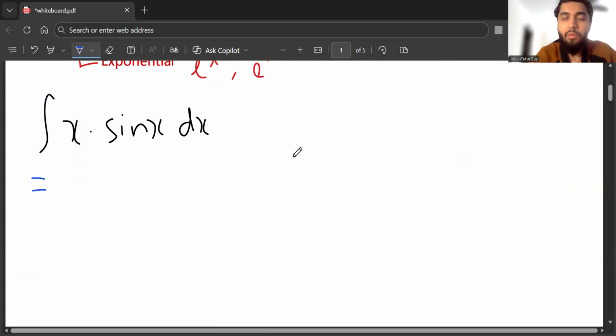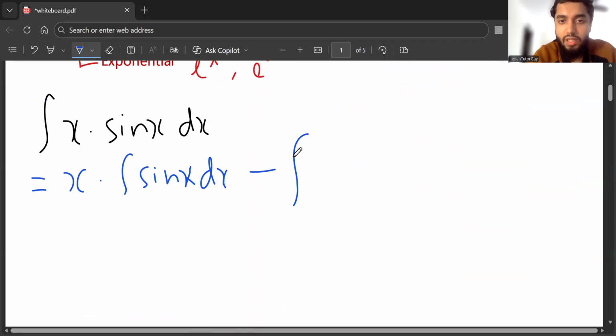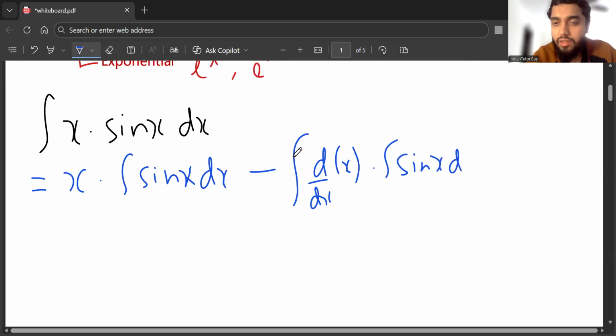So how do I remember the formula? It would be the first function times the integral of the second function, minus the integral of the derivative of the first function times the integral of the second function, sin x dx, dx.